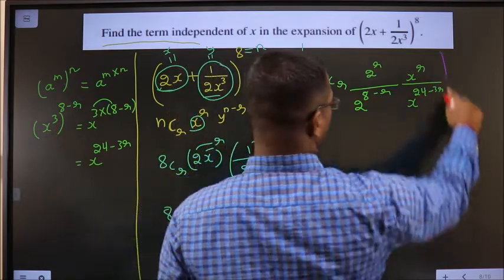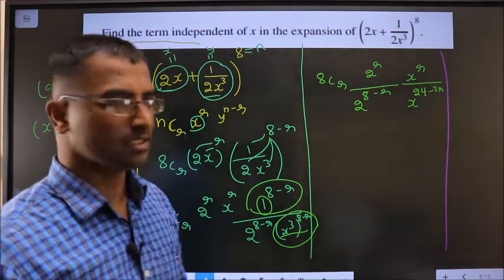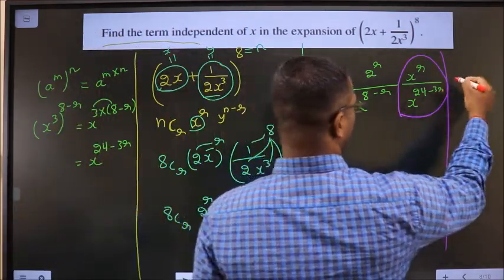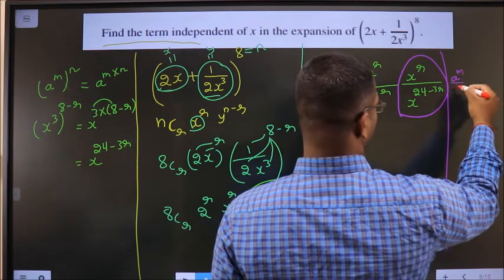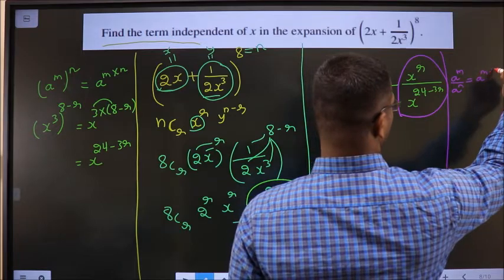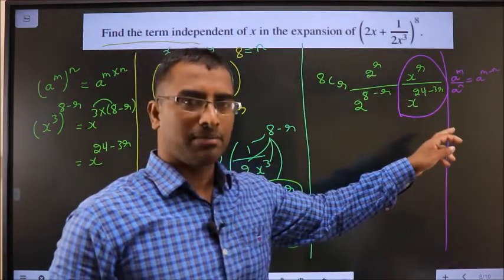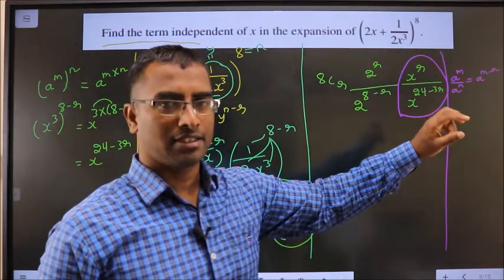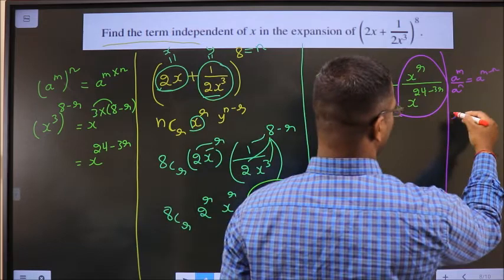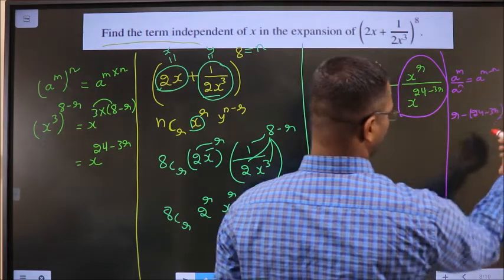Now, how do we simplify further? Look at this. When bases are the same and there is division between them, it will change to a^(m−n). Clear? Bases are same, division, it will become a, subtract the powers. So here if I subtract, what do I get? r minus (24 minus 3r).